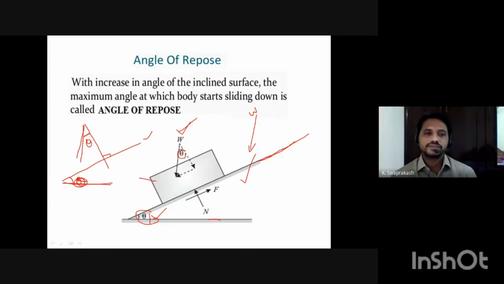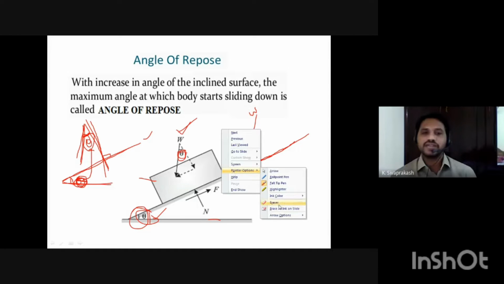So this theta you can transfer to here. Here the inclined surface is making theta angle, and the perpendicular drawn on this surface also makes the same angle. So like that, theta is represented here.